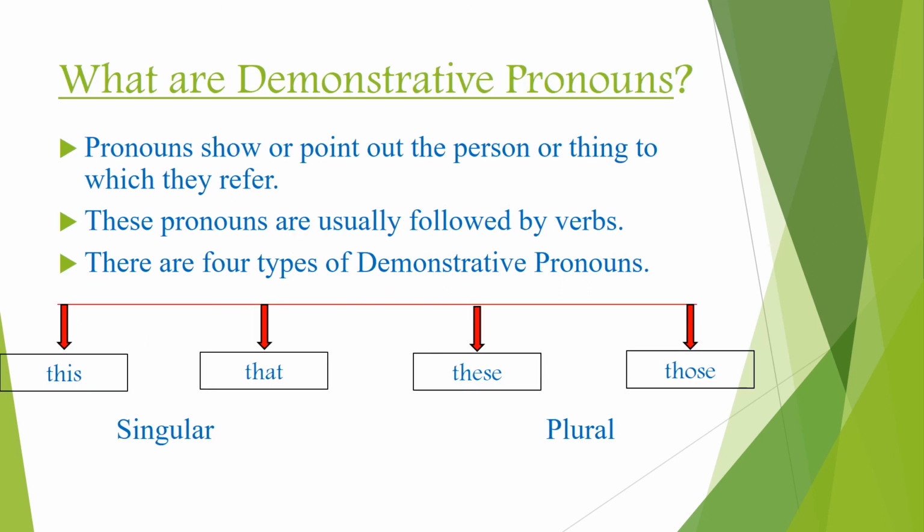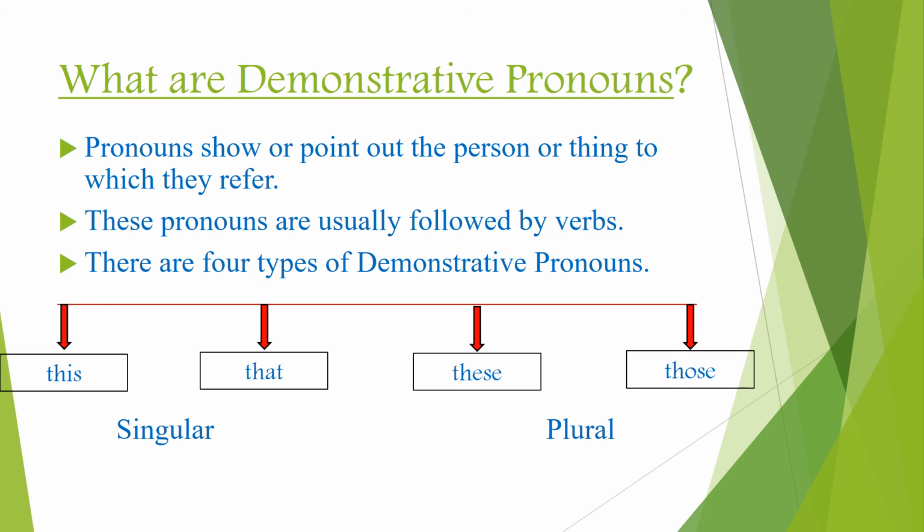Okay, the fifth type of pronoun is demonstrative pronouns. These pronouns show or pinpoint a person or thing which they refer or talk about.